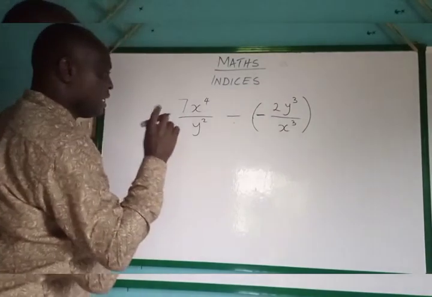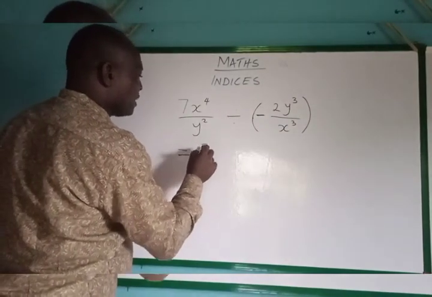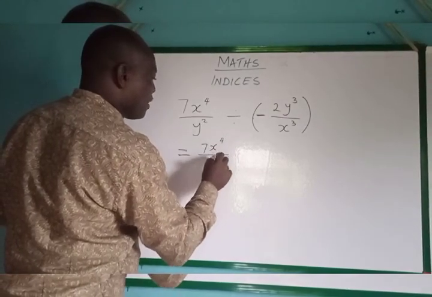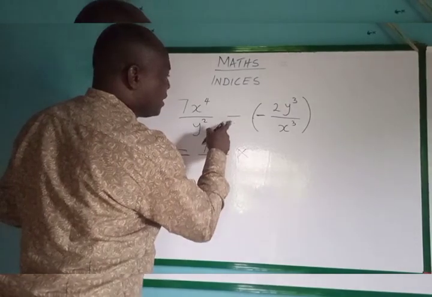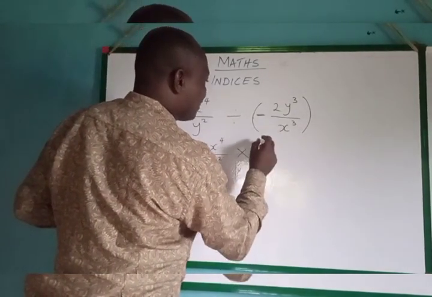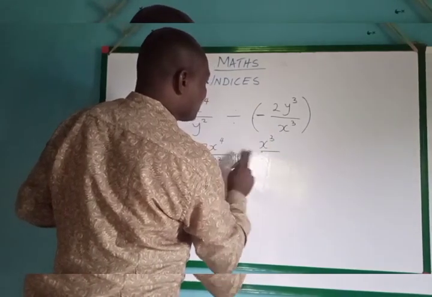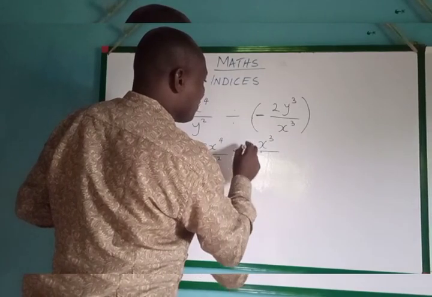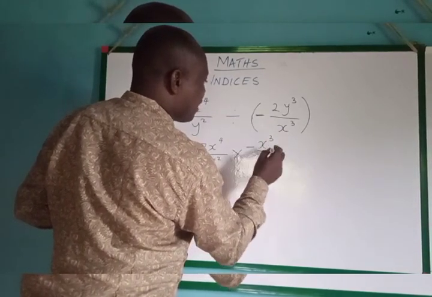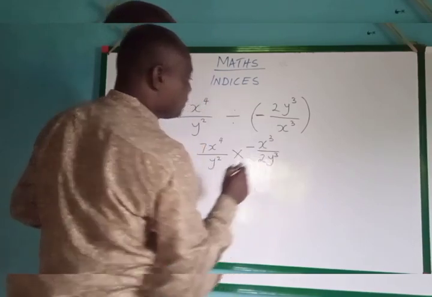How do we mean? The expression will now become equal to 7x raised to the power 4 all divided by y raised to the power 2, times, the division is changing to times, s raised to the power 3 divided by minus 2y raised to the power 3.